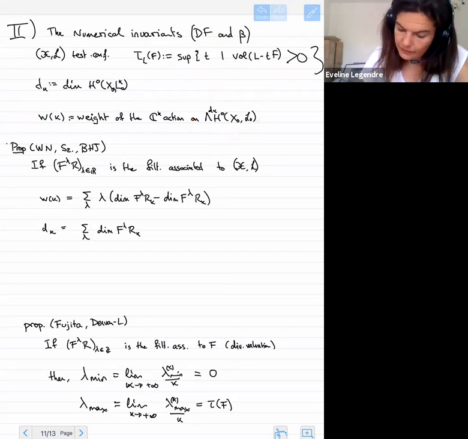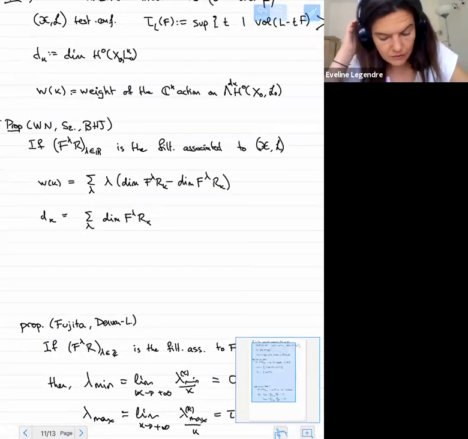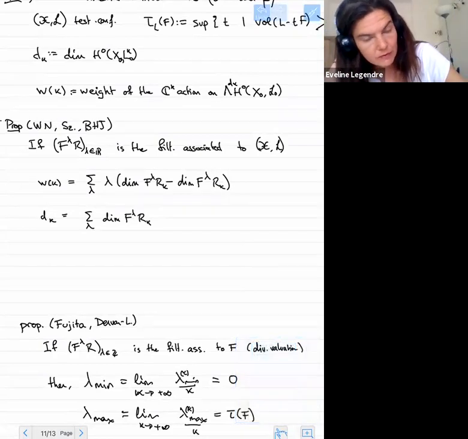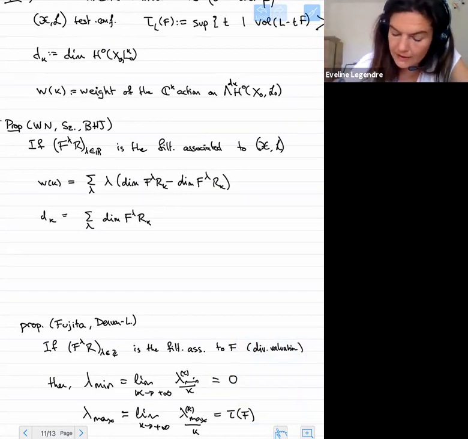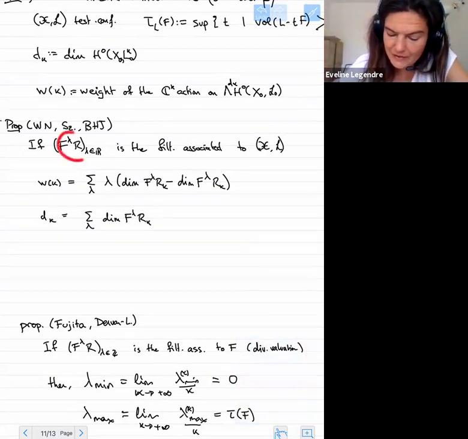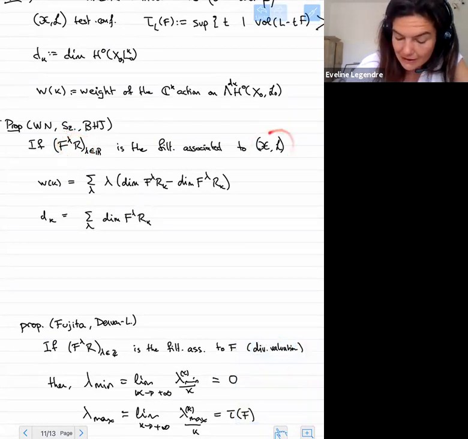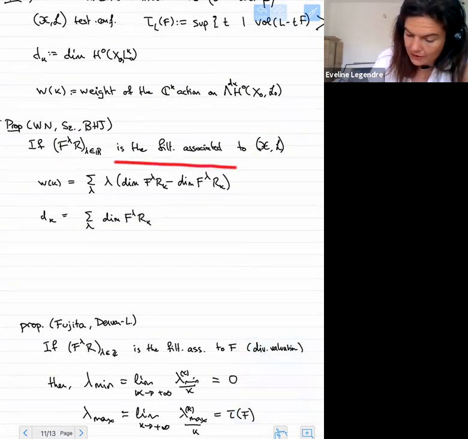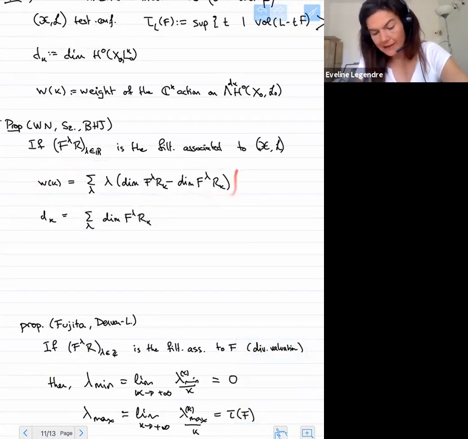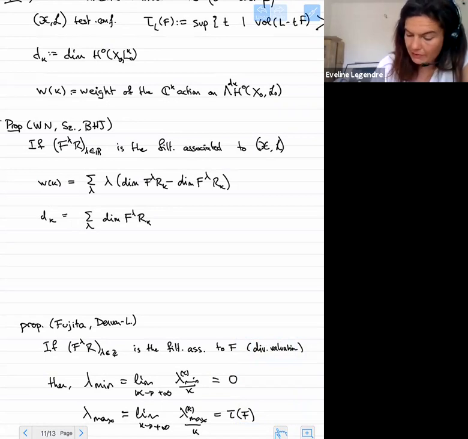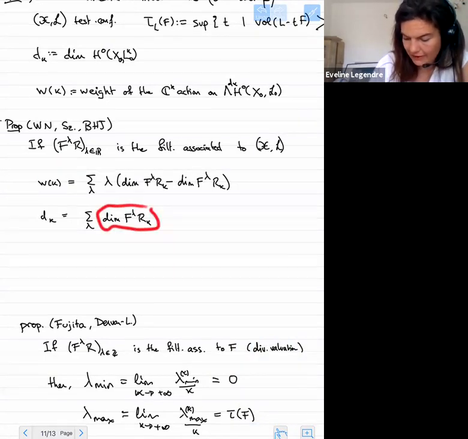So we will use a proposition by Witt Nyström, CKD, and it's been refined by Boucksom, Hisamoto, Jonsson. It says that if F lambda is the filtration associated to the test configuration, then the weight can be expressed this way. And dk is the sum over lambda of the dimension of that thing.